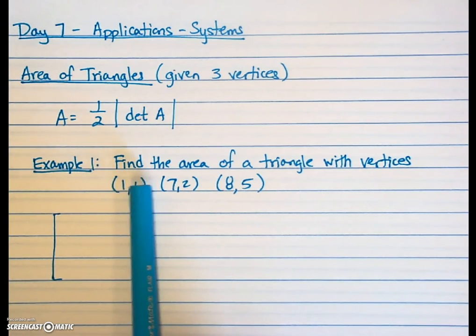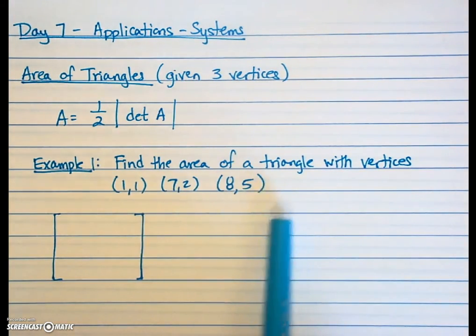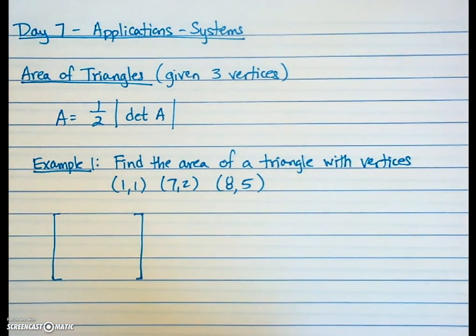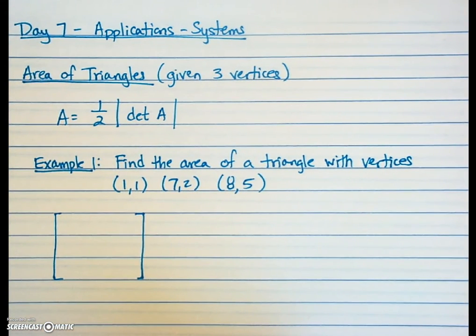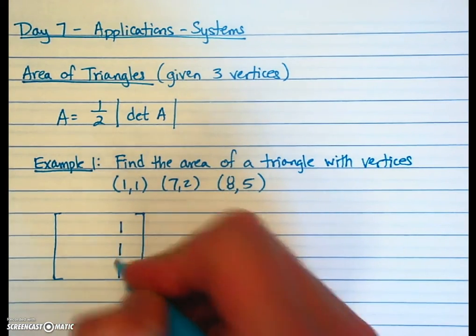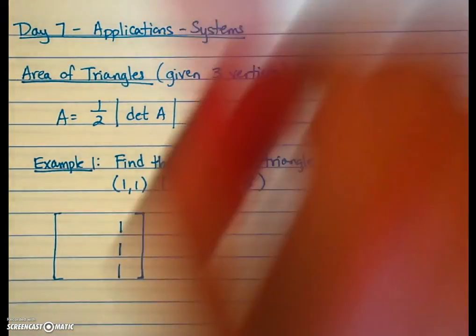So here's an example. Find the area of a triangle with these three vertices. So if I were to graph these 3 points and then connect them, they would form a triangle. So what I'm going to do is I'm going to form a matrix using these three vertices here. Now, when I do that, the last column of the matrix will always be ones. So we've got a 1, a 1, a 1. That's what always goes there.